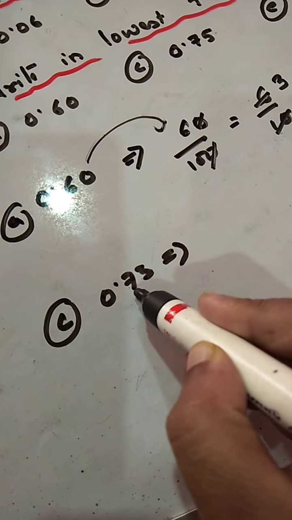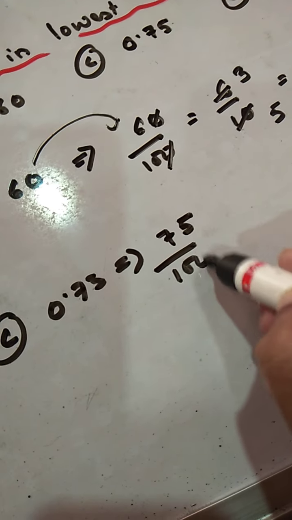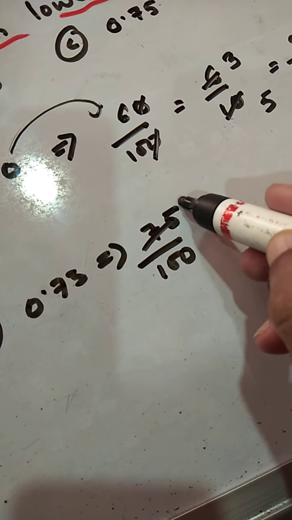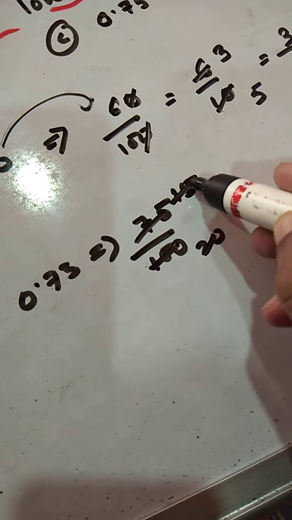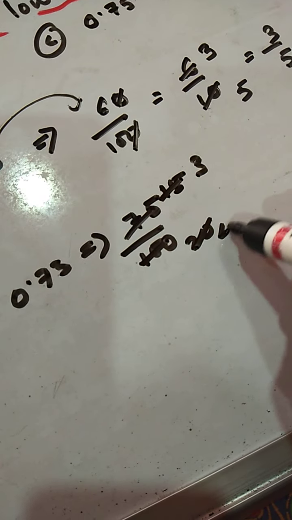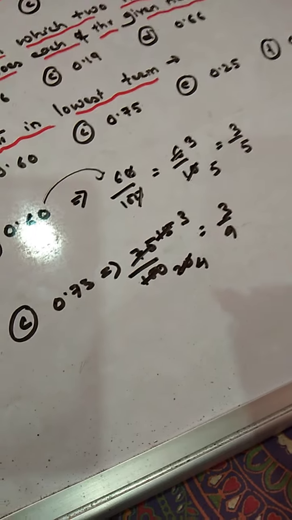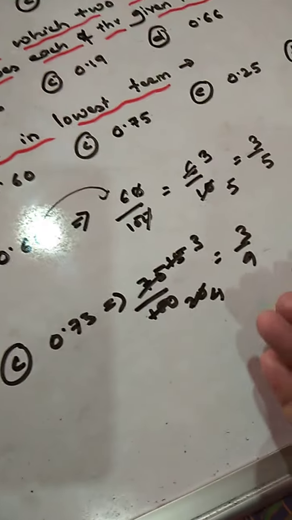Again, after decimal, we have two digits. So what we have to write? 75 by 100. Now, these two numbers can be reduced by 5. So 5 15s are 75, 5 20s are 100, 5 3s are 15, 5 4s are 20. So the answer is 3 by 4. Okay, this is how you are supposed to convert into the lowest term.